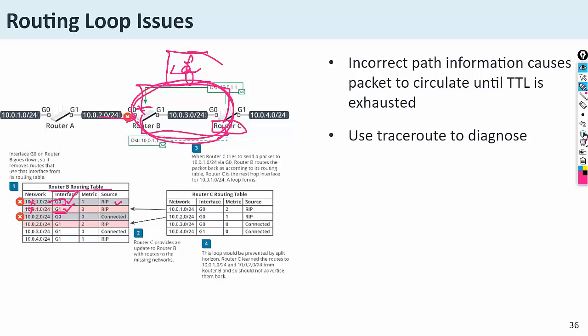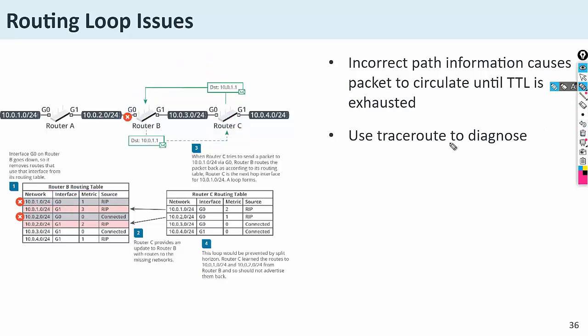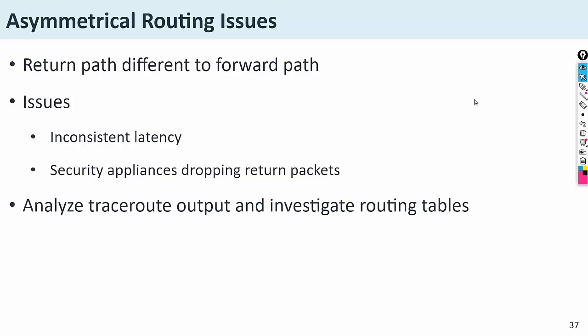Okay, so that may be the problem. You can diagnose this issue by using the traceroute command. Traceroute is one of the most popular commands in networking and used for network administration.